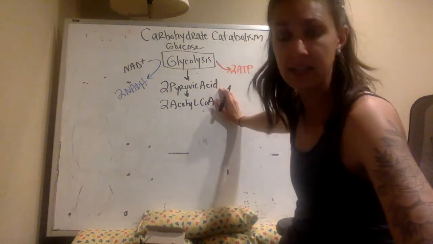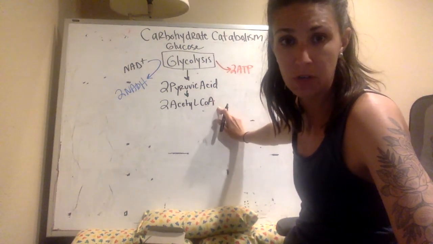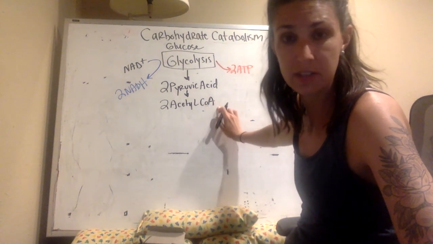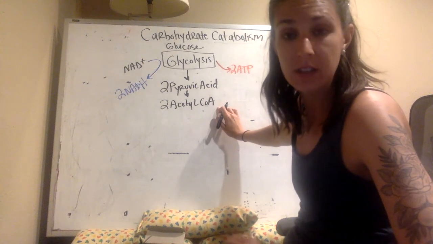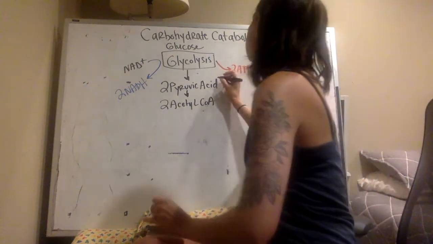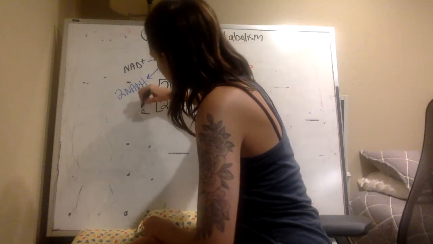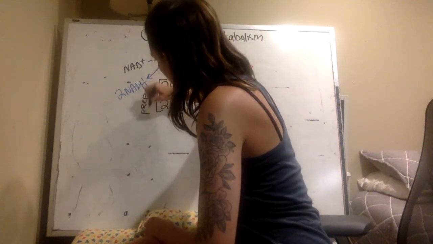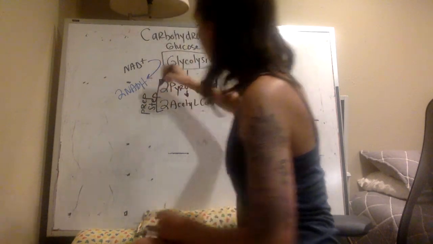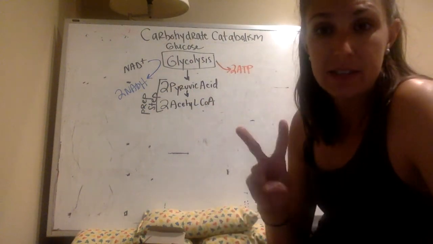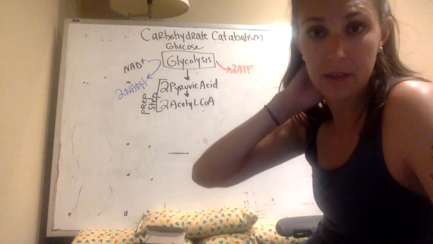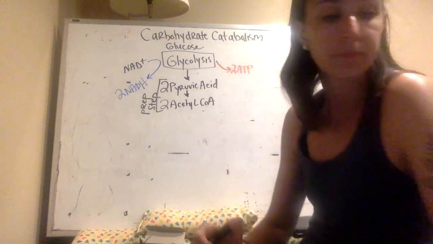So the pyruvic acid can't go directly in there. It must be converted to the acetyl-CoA to go to the citric acid cycle. This is called the prep step. And the prep step is the second step in carbohydrate catabolism.